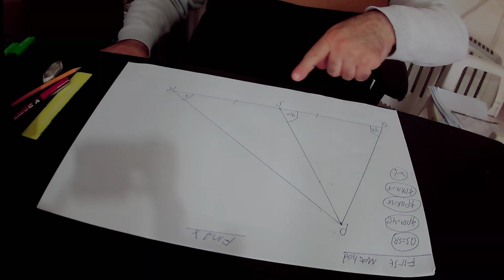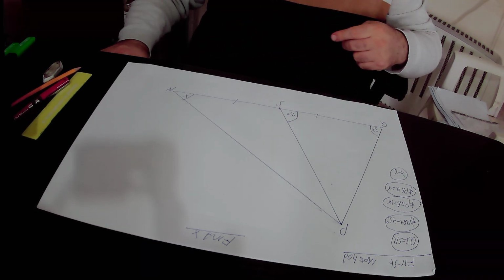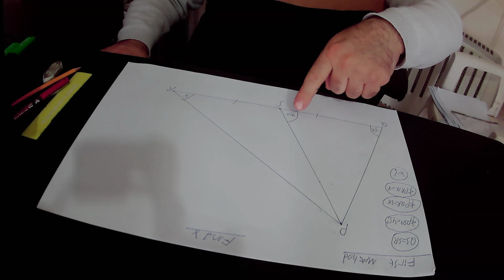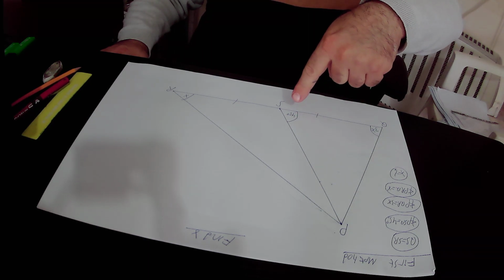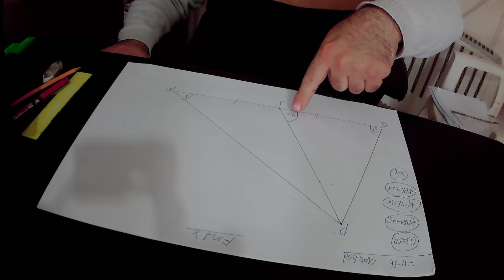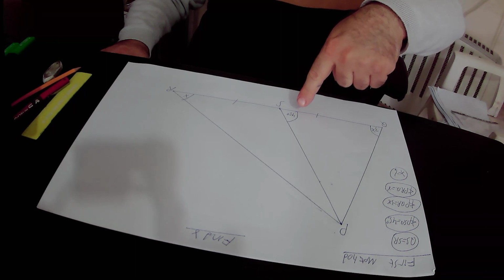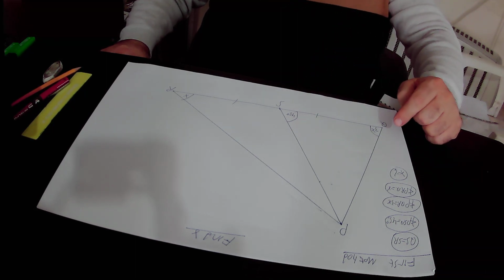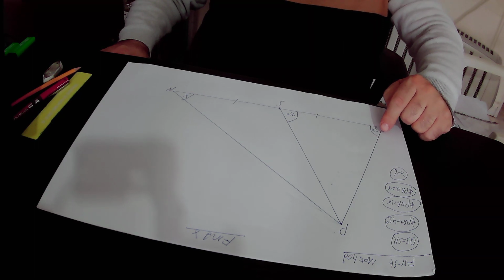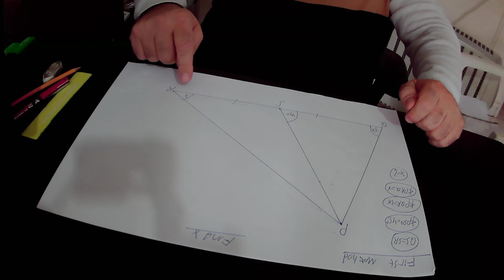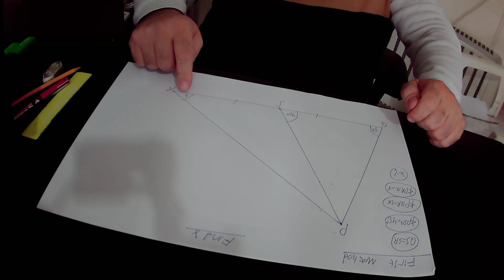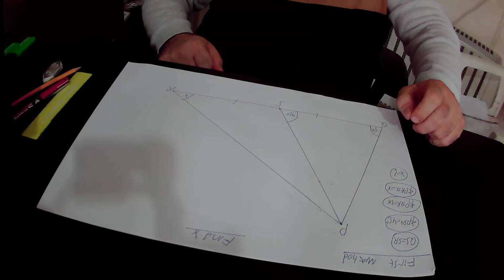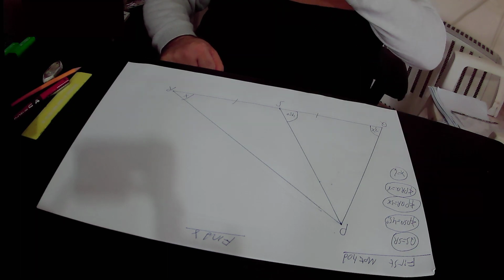We know that QS equals SR. We also know that angle PSQ equals 45 degrees. Angle PQS equals 3x, and angle PRS equals x, and we want to find out the value of angle x.